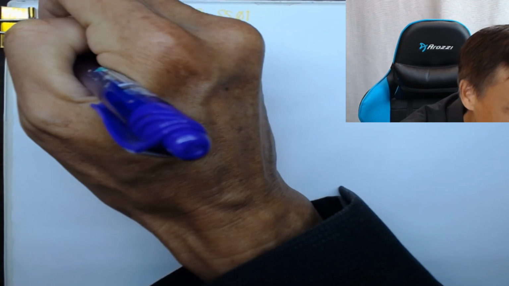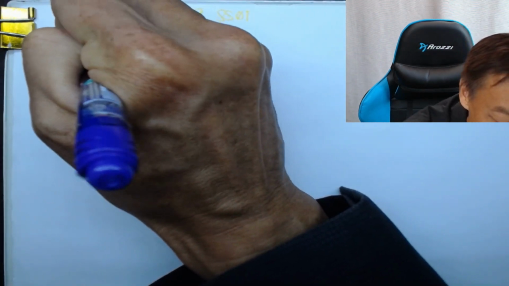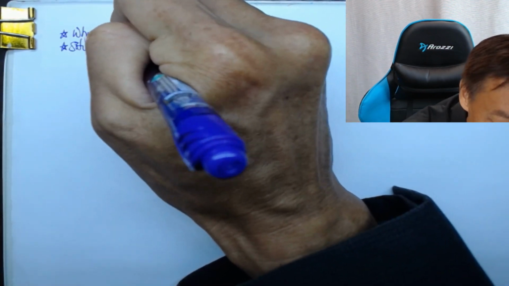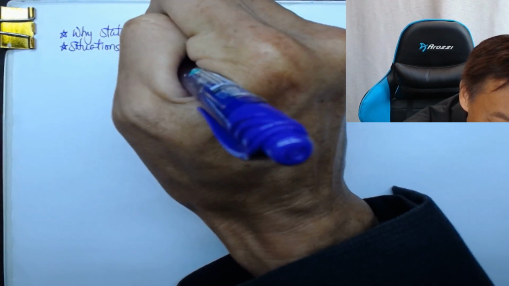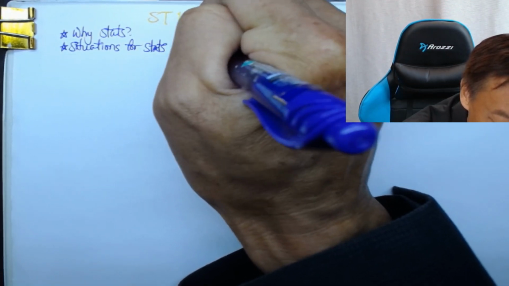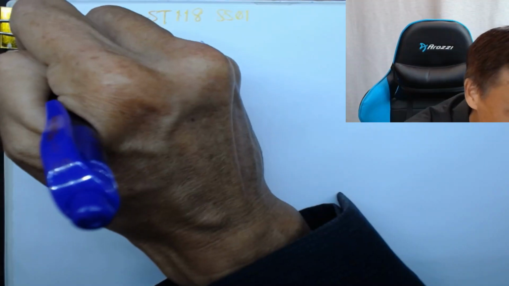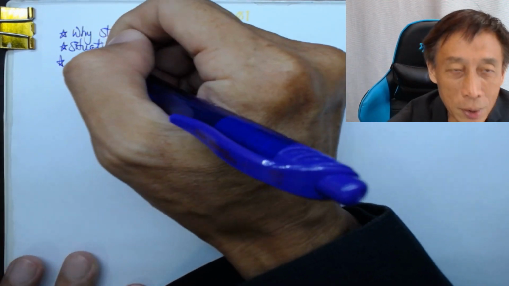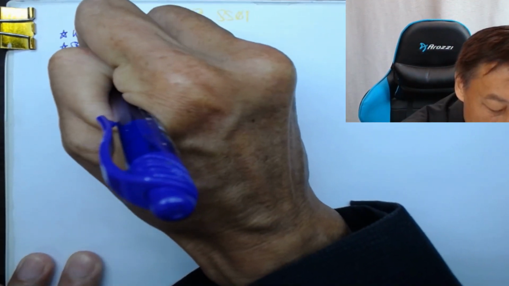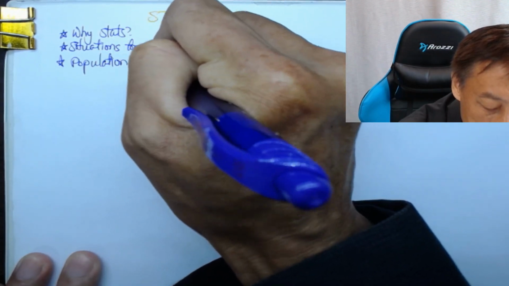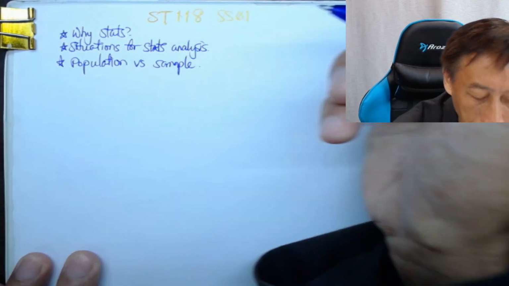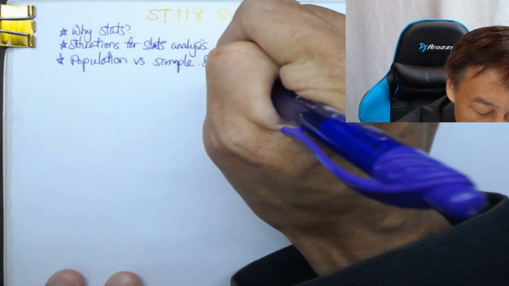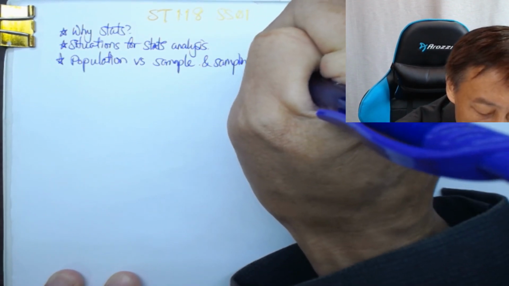And I'd like to also discuss the situation, something more useful to you. And then after that, we'd like to talk a little bit deeper down about population versus sample and sampling, the idea of sampling.